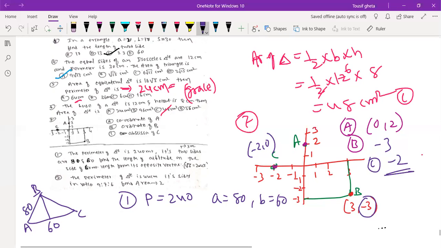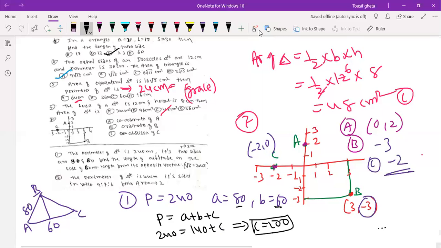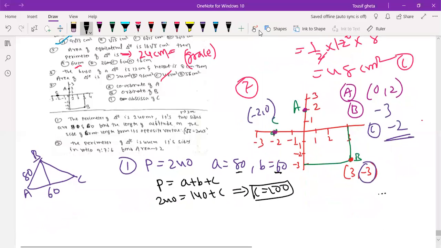If I'm not wrong, we can write P is equal to a plus b plus c, right? So 240 is equal to 80 plus 60, 140, plus c. So c is equal to 100. Quickly we are doing that. Now we got c, we need to find the actual height.